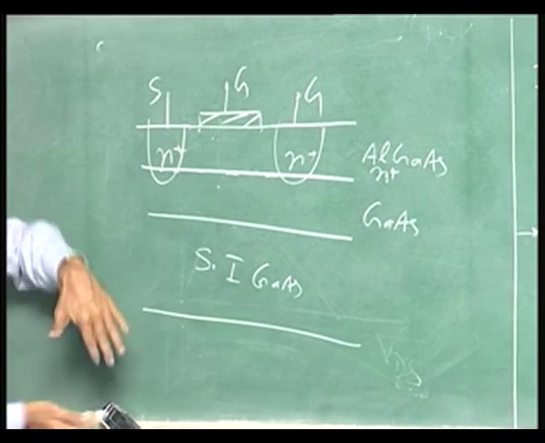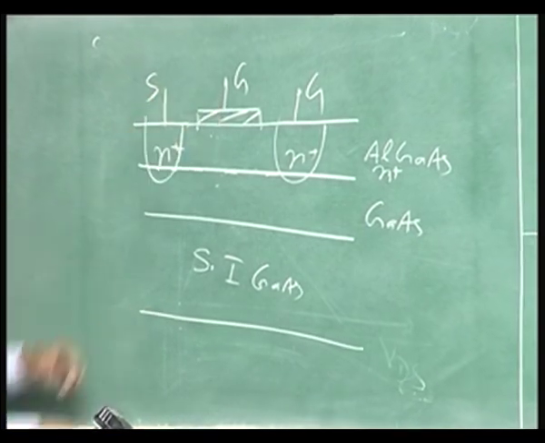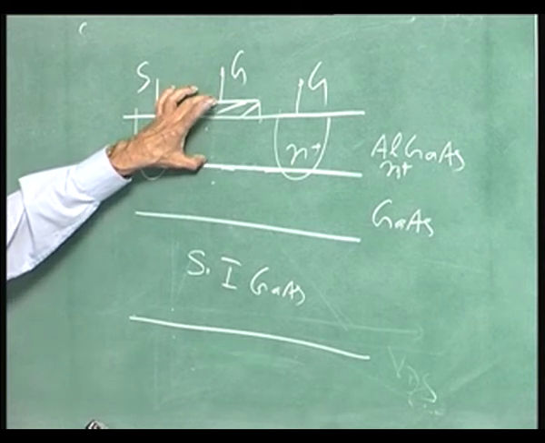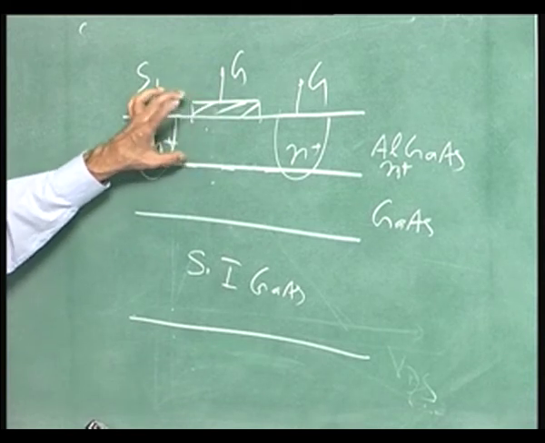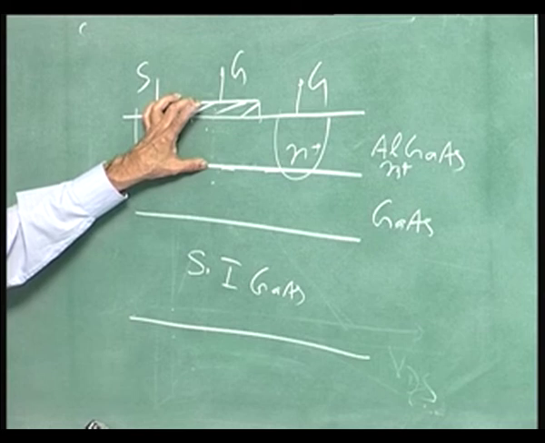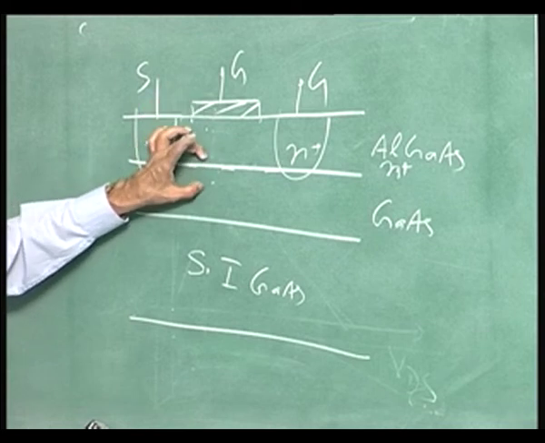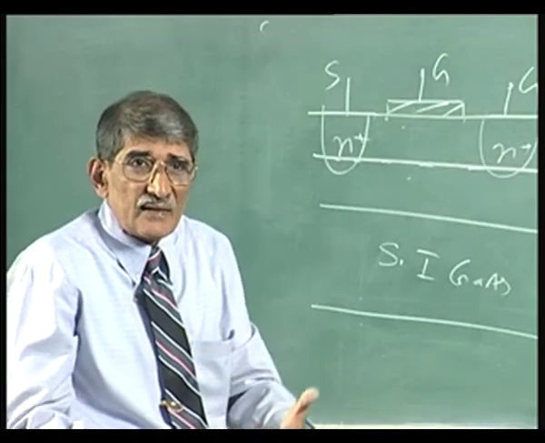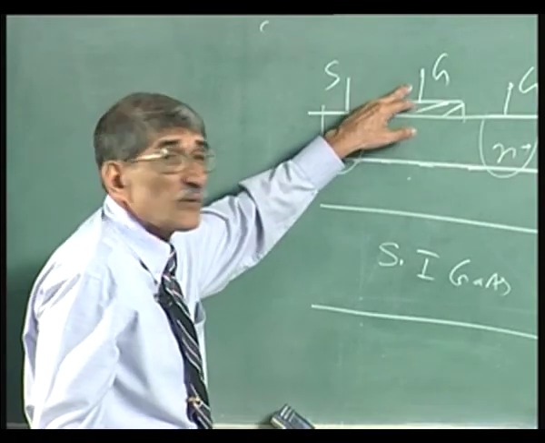Now, you keep on making it positive. See, I need, if I had only this particular layer, VBI minus VP0 is the voltage that is required to pinch off. Okay. And I need certain voltage to remove these charges here. What you are doing is in the opposite direction, making this voltage more and more positive.